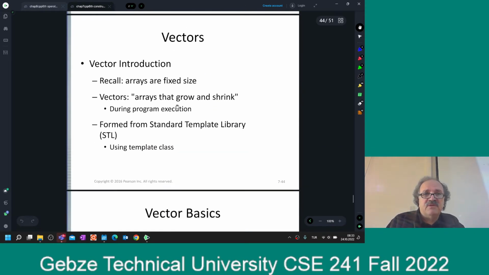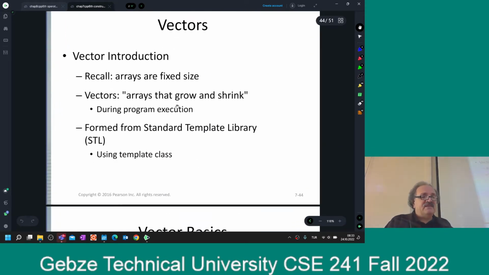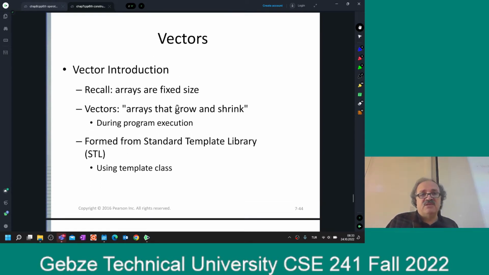Okay, so vectors are like arrays. They do exactly what arrays do, but they are more flexible, easy to use, very reusable classes, pieces of software. They are part of this library, STL, the Standard Template Library. Why do we call them templates?